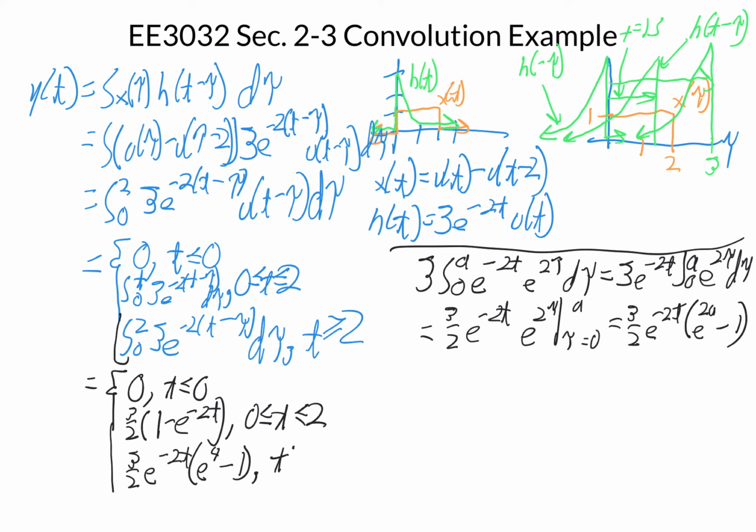And just as a check that this makes sense, let's look at what happens to both of these expressions at the edge here where t is equal to 2. So let's look at this one first. When t is equal to 2, I have e to the minus 4 here. So I have 1 minus e to the minus 4 times 3/2.